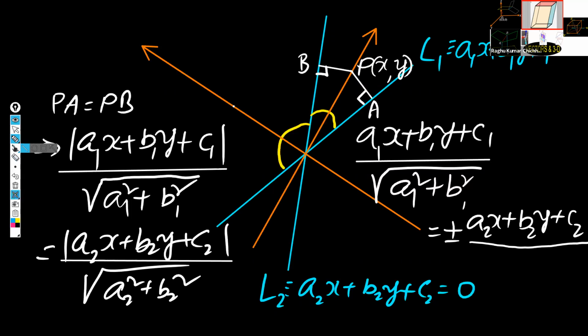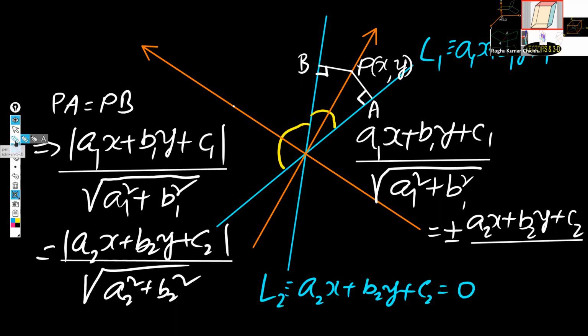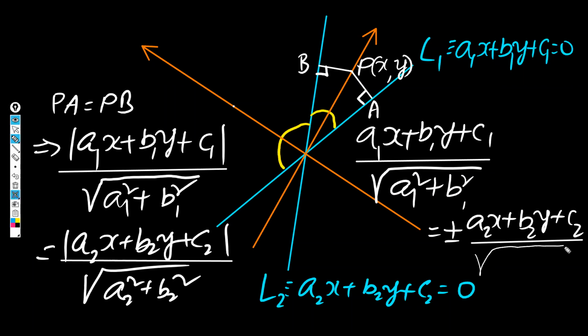I hope you understand what I'm saying there. So plus gives you one angular bisector and minus gives another angular bisector.